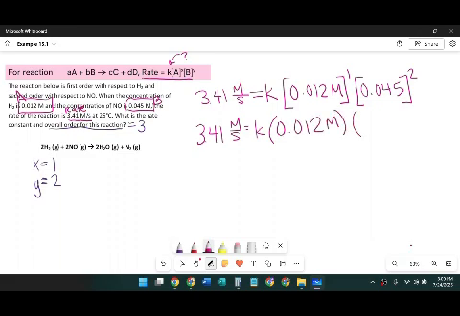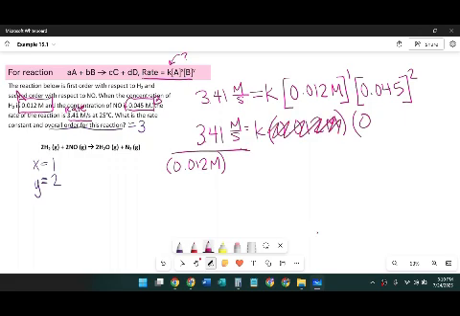This one, when we put it into a calculator, is going to end up with that M squared. I realize I probably should have rearranged this first, but that's okay. Let me go ahead and rearrange this first instead of doing that. So I'm going to divide this by 0.012 M to the first power, which will take care of getting rid of it on that side.